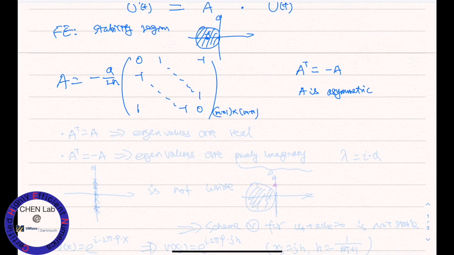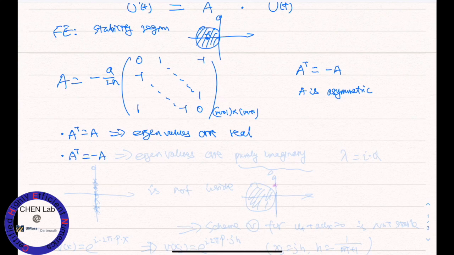One particular linear algebra result is that for a symmetric matrix, where the transpose is equal to A, we know its eigenvalues are real, okay? And this is what we did in the elliptic case. We derived its eigenvalues, and they are indeed real.